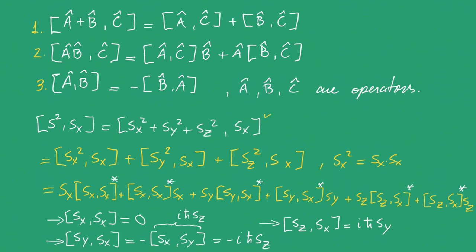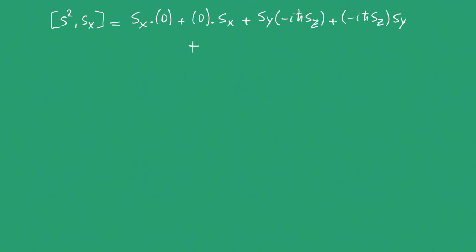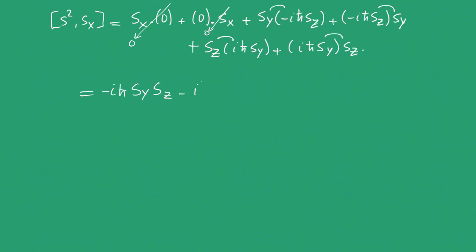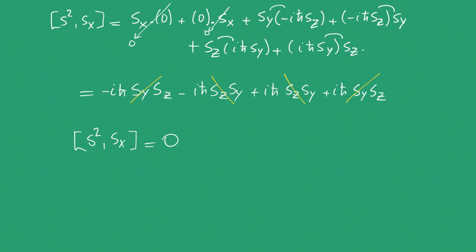We just need to replace the commutators with their results. We ended up with the same answer we found for the matrix notation, as it should be.